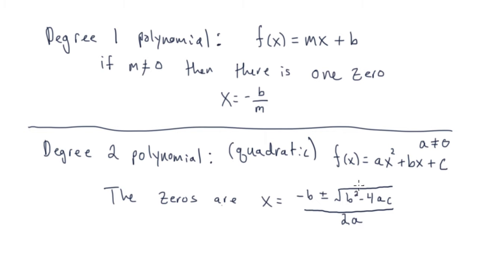Or the expression underneath the square root could be exactly 0. So there's actually 3 possible cases. A quadratic could have 0, 1, or 2 zeros.